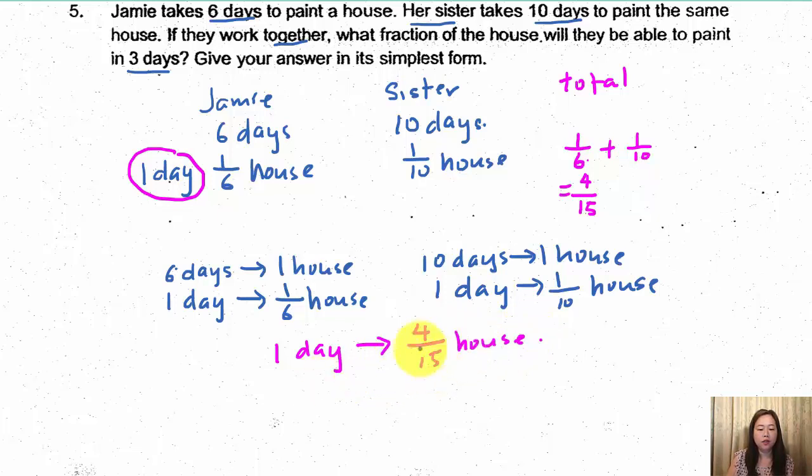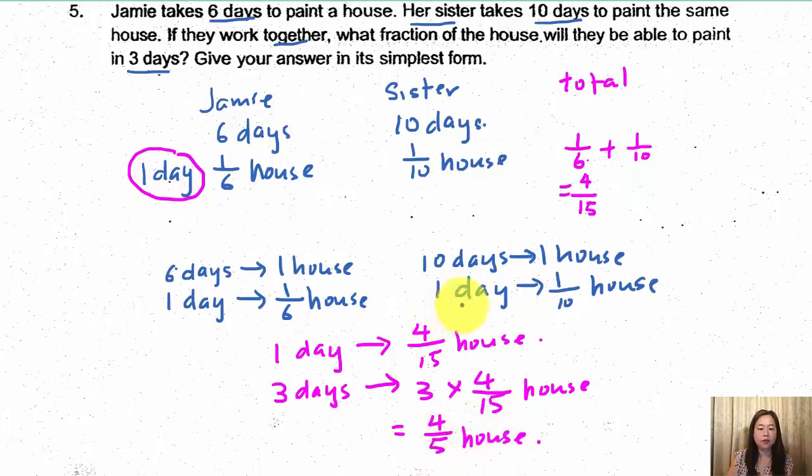So, in another word, if we want to know the fraction of the house that they can do in 3 days, it will be 3 multiplied by 4/15 of the house, and it will be 4 out of 5 of the house. So let's recap the concept tested here.